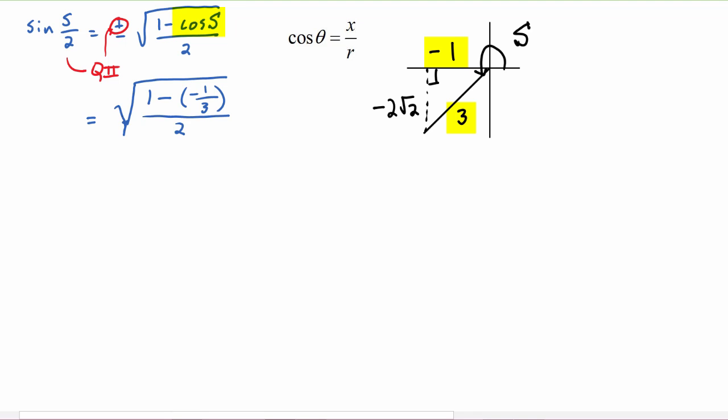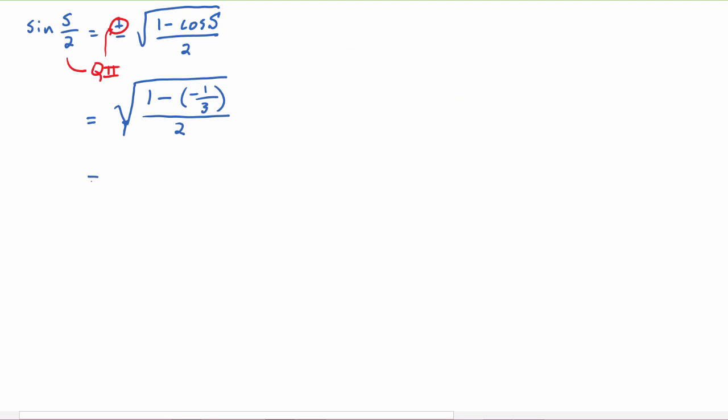Everything's under the radical there. If we get a common denominator, this would be 3/3. So 3/3 plus 1/3 is going to be 4/3, and that's over 2, everything under the radical.